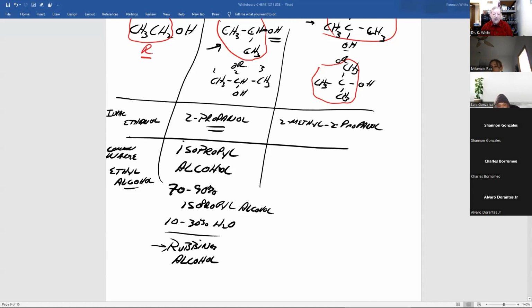It's used so often, and this I'll never ask on a test, but I might say it once in a while, industrial organic chemists, if I could spell, just call it IPA, isopropyl alcohol, IPA.